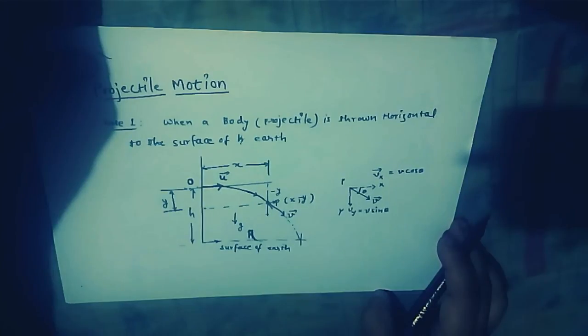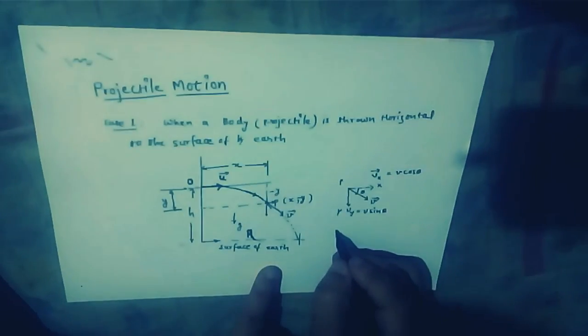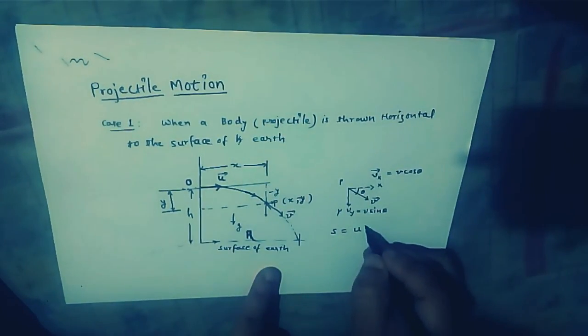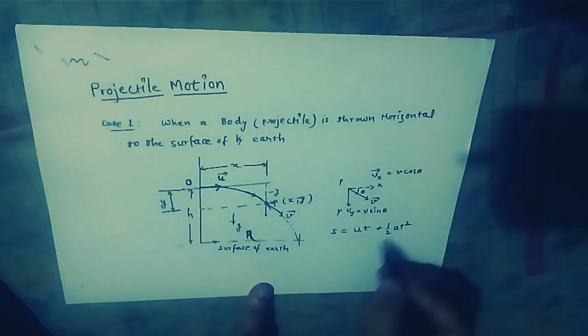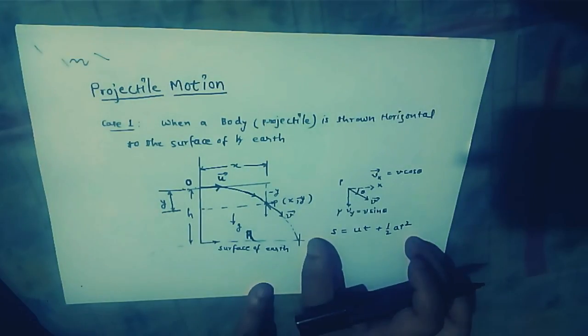Now we know the formula S equals ut plus half at squared. By this we can find the distance.